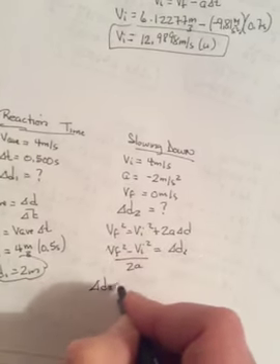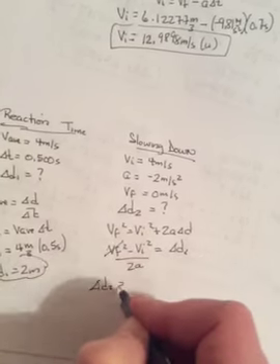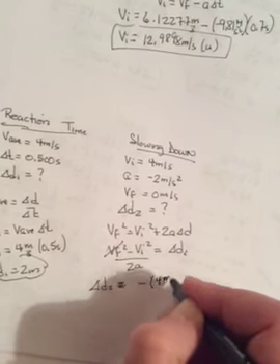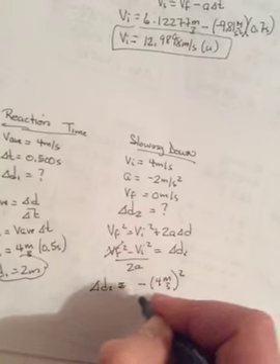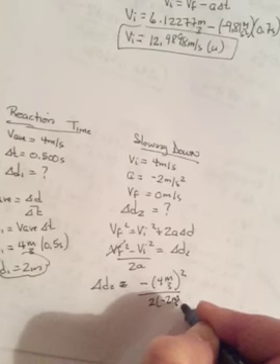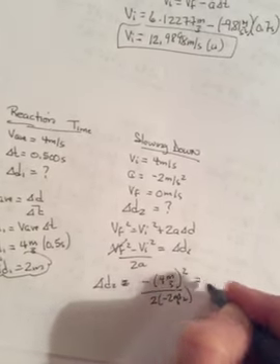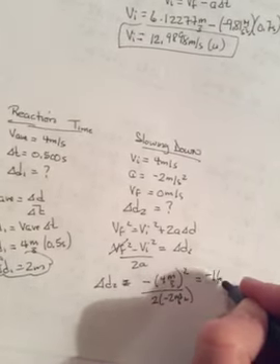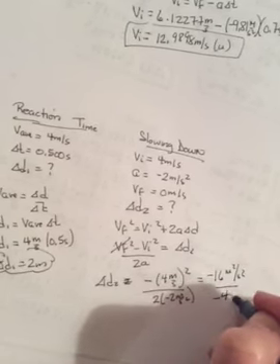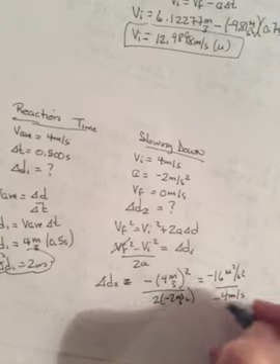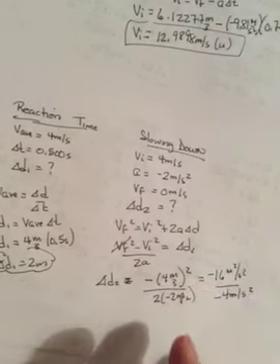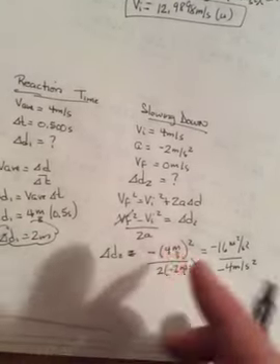So delta D2 is equal to VF is 0. So subtract 4 meters per second, and that gets squared over 2 times negative 2 meters per second squared. So this will be negative 16 meters squared per second squared, and this is negative 4 meters per second squared. 16 over 4 is 4.